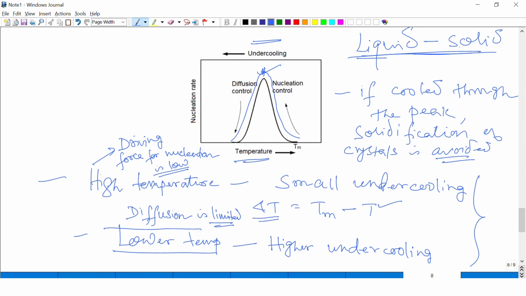And on the other side, when you are on the lower temperature side, on the left hand side, the diffusion is limited. So, this will be diffusion control, right. So, that is what you see over here. On the higher temperature side, it is nucleation control, and on the lower temperature side, it is diffusion control on either side of this peak. Okay.